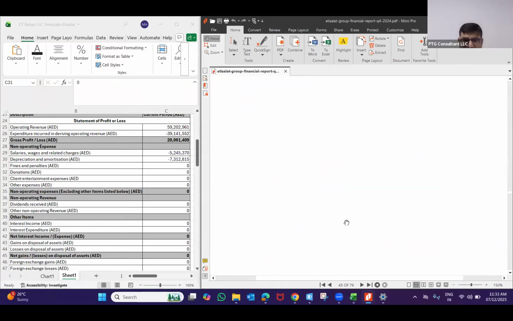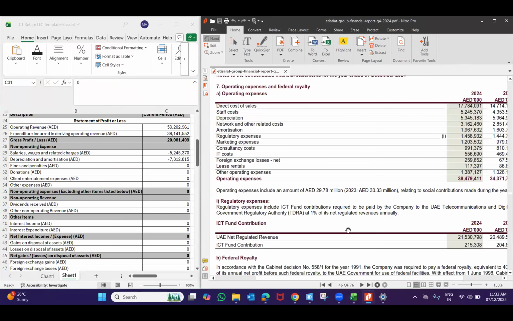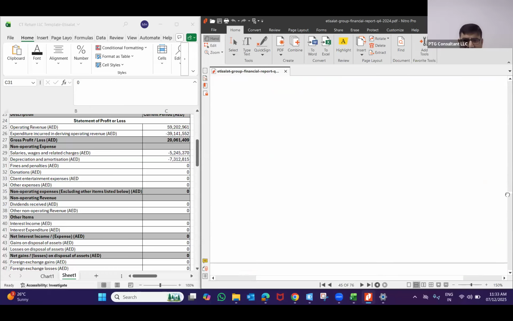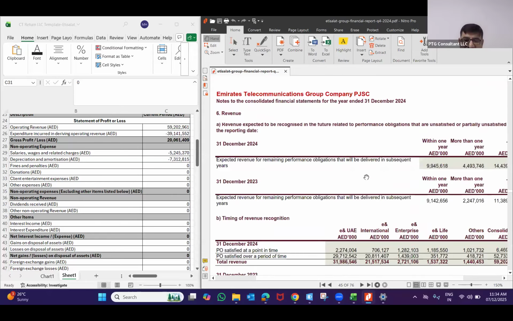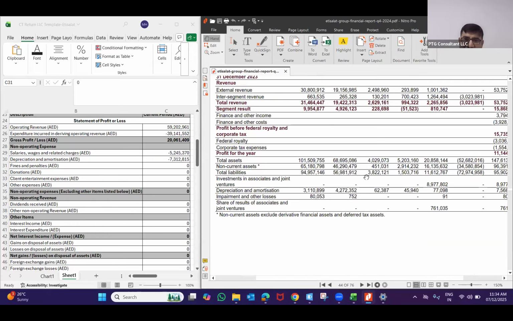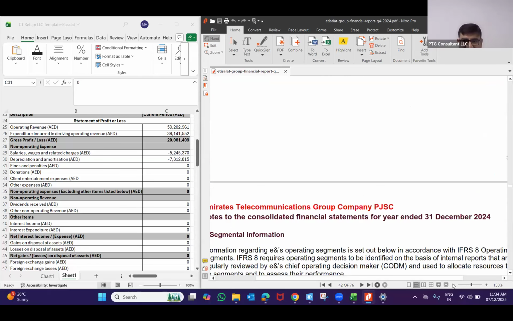Yes, it's more than enough. Go up, down, we have already seen. Go up. But the important thing here is to read the financial statements. Depreciation and amortization might be given in the direct cost, or only in the indirect cost, or in both areas.